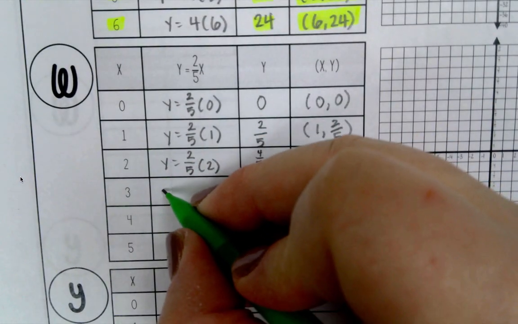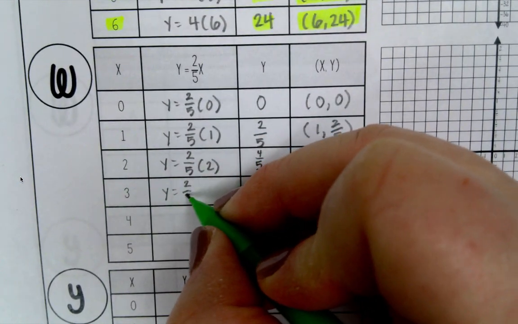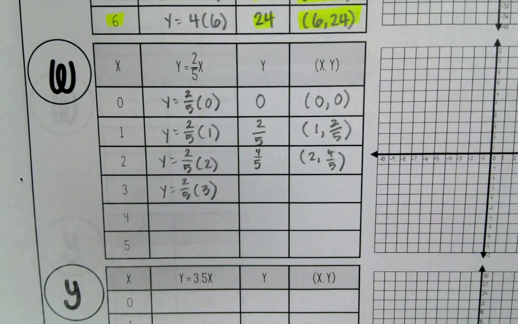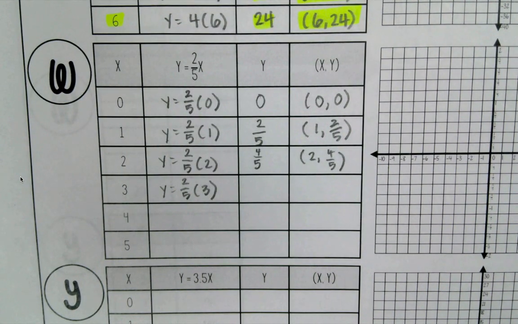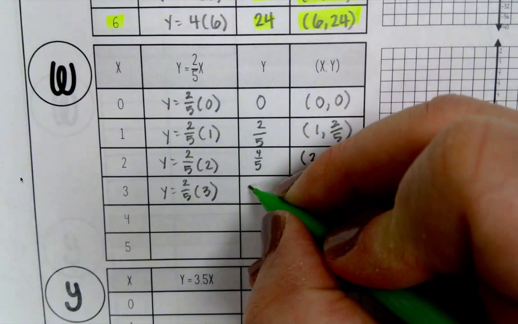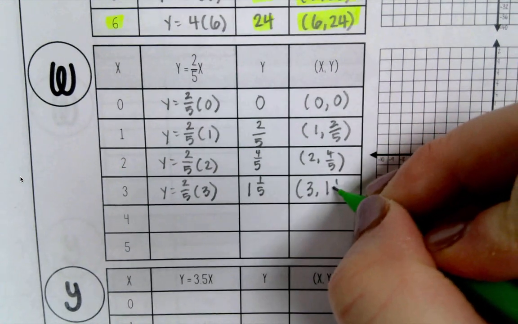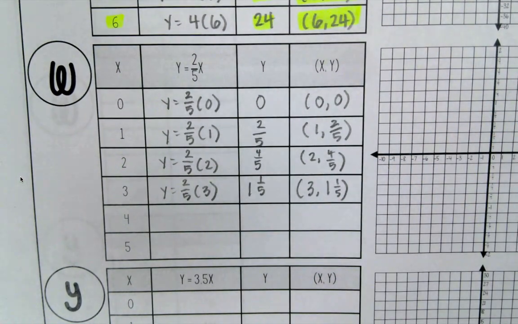And then I have y equals 2/5 times 3. I'm putting this in my calculator, as you can as well. 2/5 times 3, I get 1 and 1/5. So 3 comma 1 and 1/5.